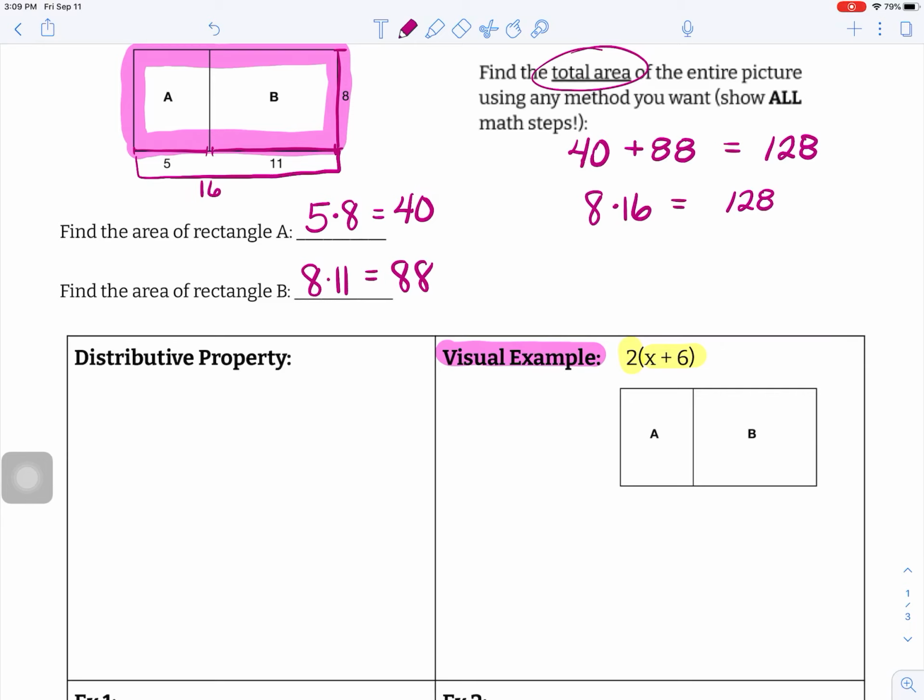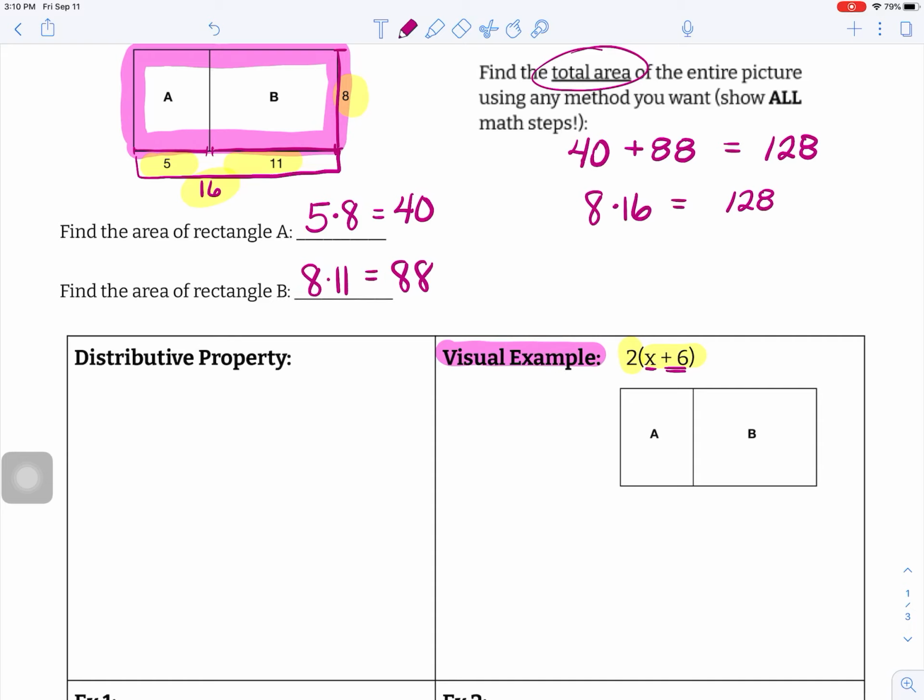And then when I think back to earlier, and I think, okay, well, we also learned about combining like terms, but inside the parentheses here, I see an x plus 6, and those aren't like terms. So I can't really do anything with this expression right now. But I do see that I've got this 2 on the outside multiplied by 2 things on the inside there, and that's looking really similar to this 8 on the outside multiplied by these 2 things that I combined to be 16.